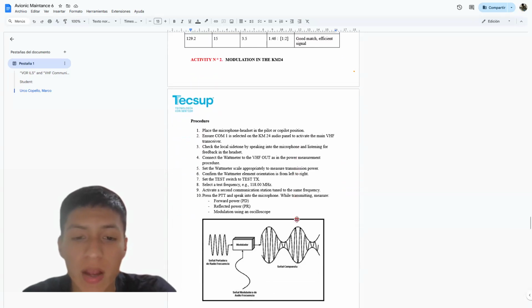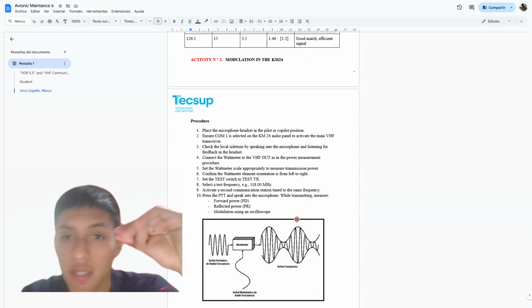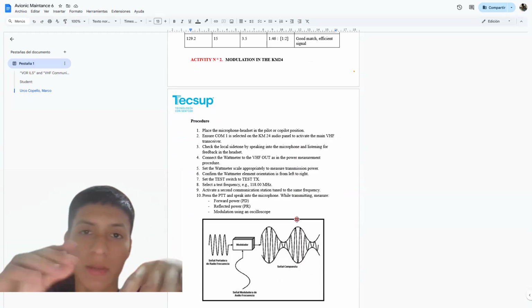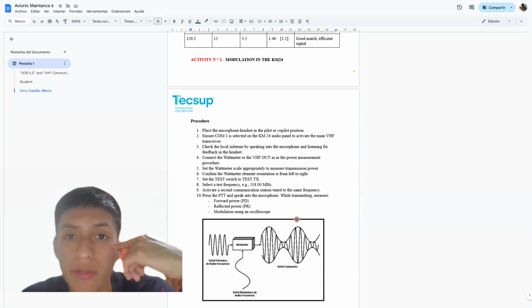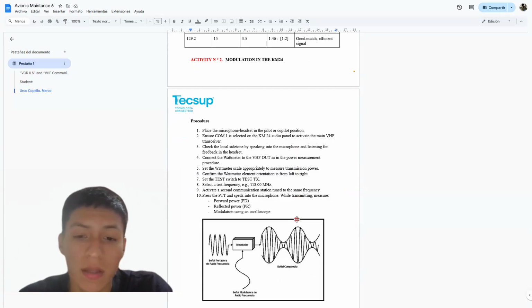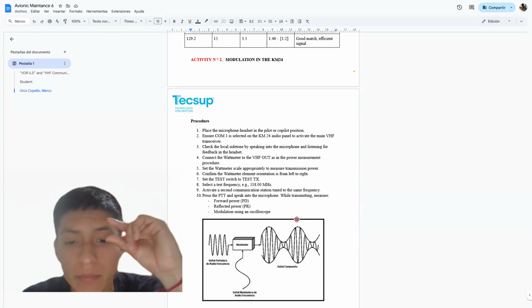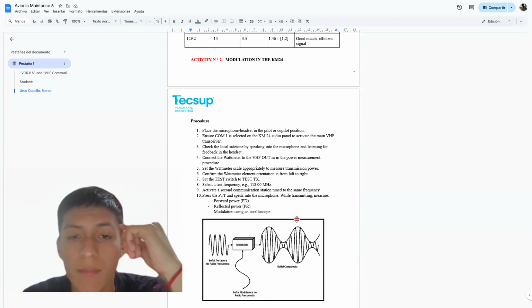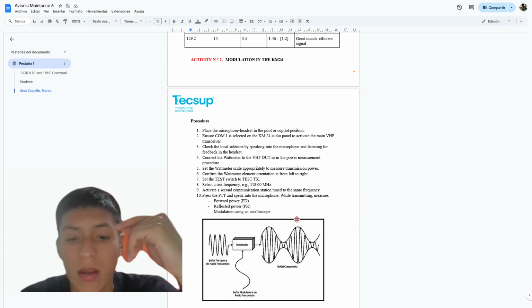Next, for the modulation test, I used an oscilloscope connected to the transmitter output. In the oscilloscope, I saw the voice and the modulation. I selected on the audio panel the NAP communication 1, pressed the PTT, push to talk, and spoke through the microphone. The oscilloscope showed a clear AM waveform.